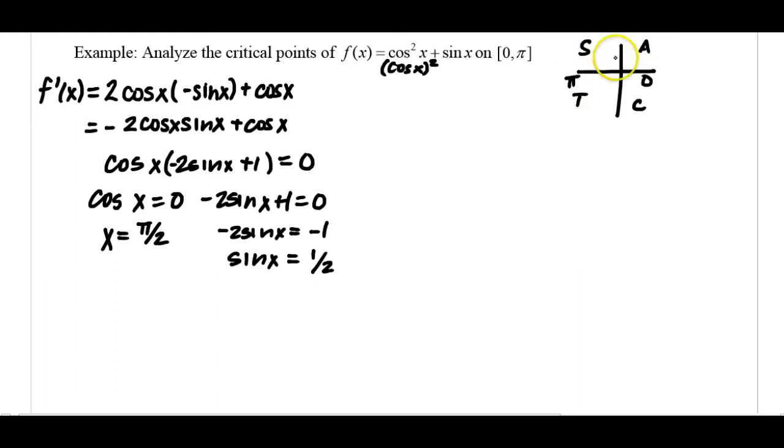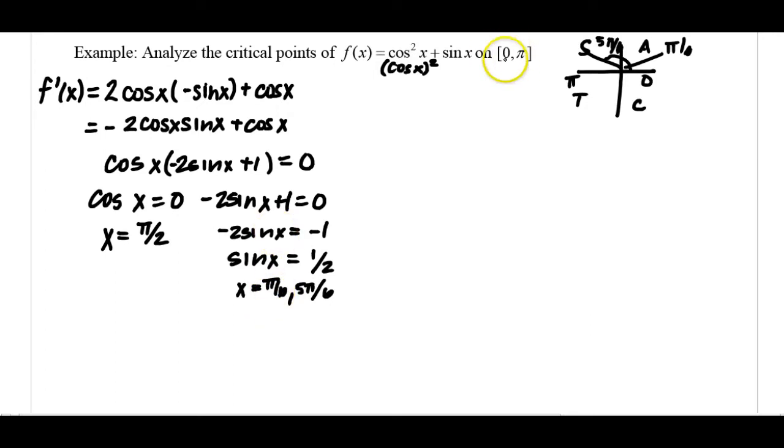Sine is positive in quadrant 2. So the two x values where sine x equals 1/2 are going to be pi over 6, and the angle in quadrant 2 with a reference angle pi over 6, that being 5 pi over 6. So x equals pi over 6 and 5 pi over 6.